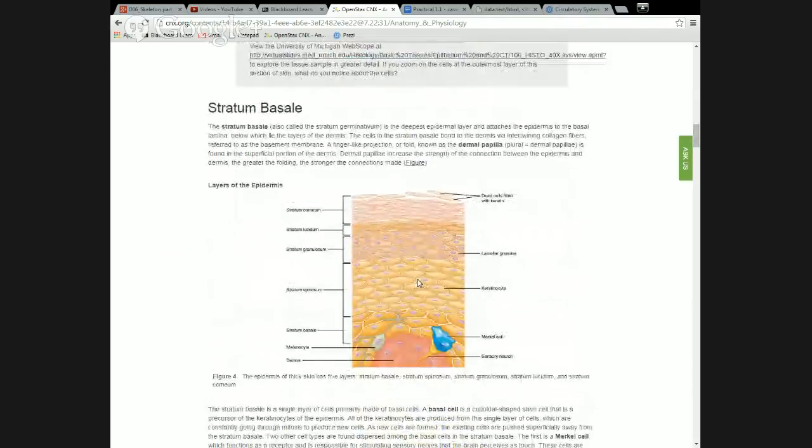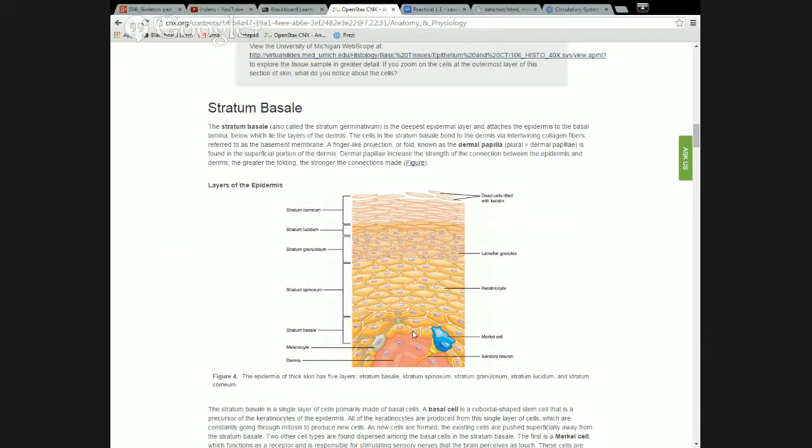In the epidermis, the cells are organized into different layers. At the base, there are cells that have specific functions. There are cells that make pigment called melanocytes. There are cells that are related to the sense of touch, which are these blue things here. And then the other cells are dividing and making new cells for the skin.